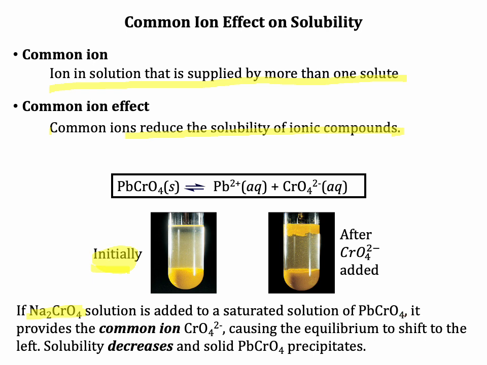So if we add more CrO4, I'm increasing the concentration of CrO4, and the reaction will try to use it all up, so it shifts towards the left, which means we will end up producing more solid. And that is what you see here on the right side. After CrO4 is added, more solid can be seen in the reaction mixture. And that is called the common ion effect. The solubility decreases and more solid starts to precipitate out.